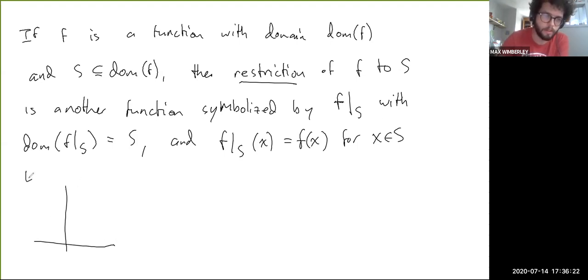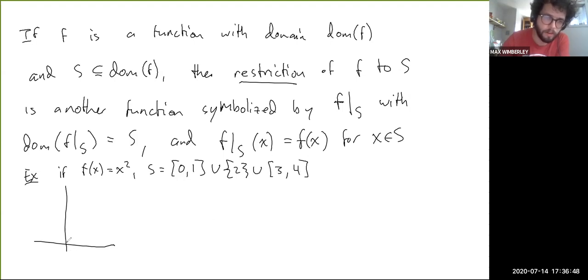As an example of this, I'm getting to something, you'll see. If f of x is x squared, and S is, say, 0, 1, union 2, union 3, 4, something like that, then here's the overall function.